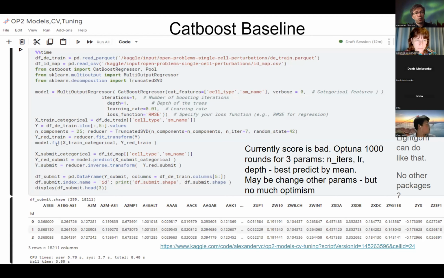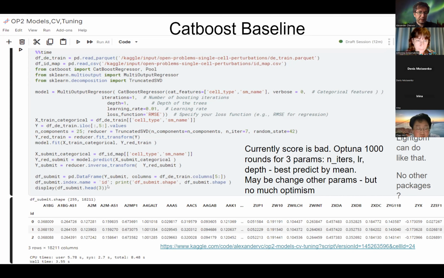Then the model predicts these reduced targets. We train the model, fit, then we predict for the submission part, and then we use inverse transform, and from the 25 components we get all these 211 targets.